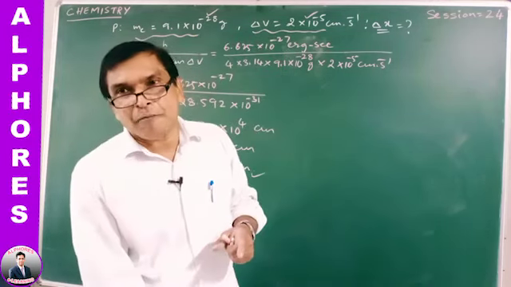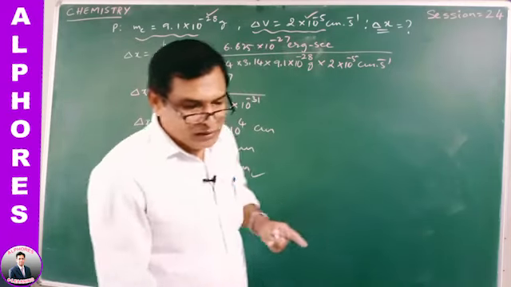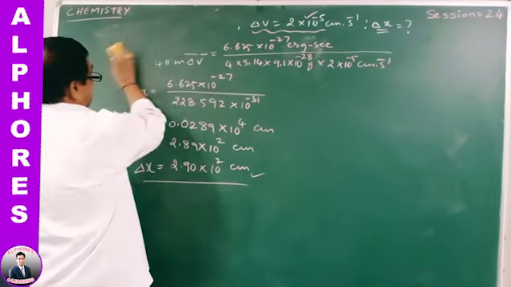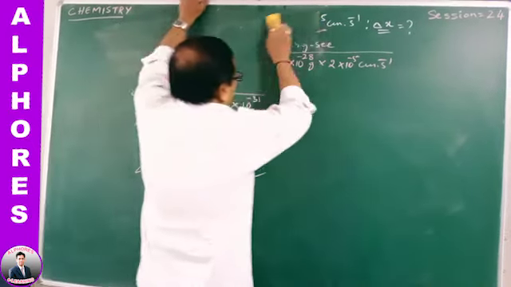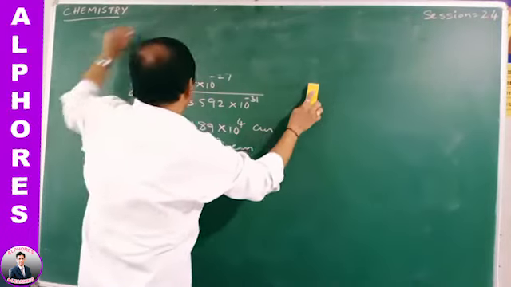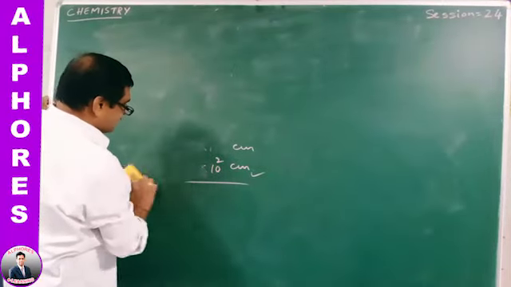So that means the wavelength is given, and he is asking us to calculate the velocity of the electron. The velocity of the electron is to be calculated, and de Broglie's wavelength is given.